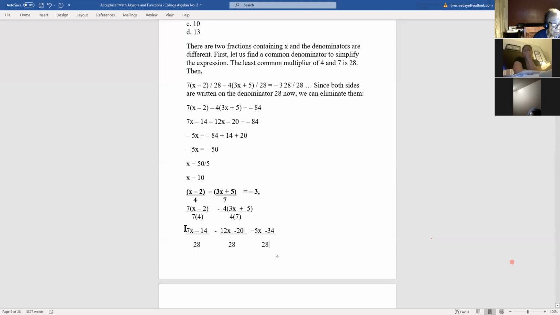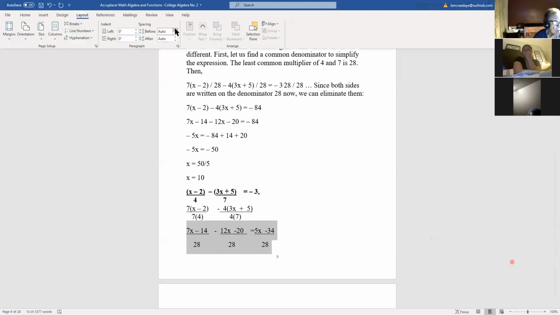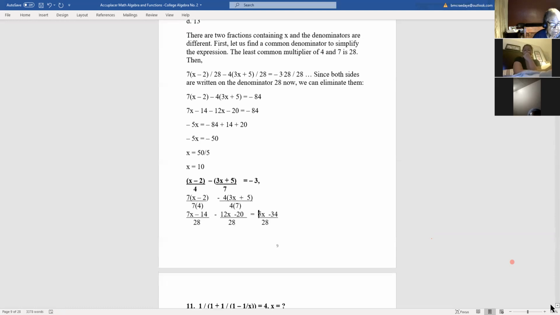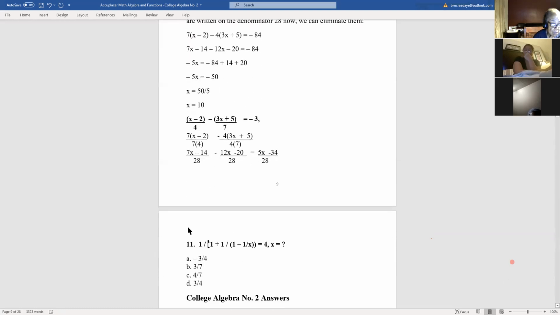Okay, so from here, I can just write this again. I don't have to go to another screen, because it won't all fit on there.